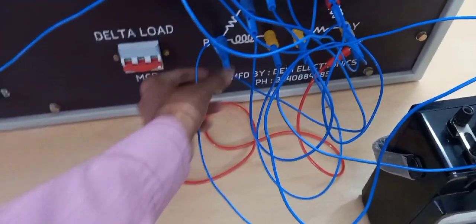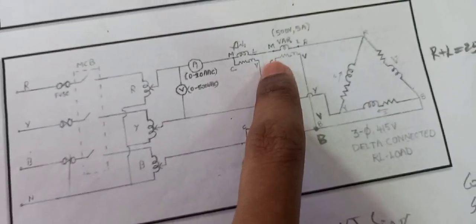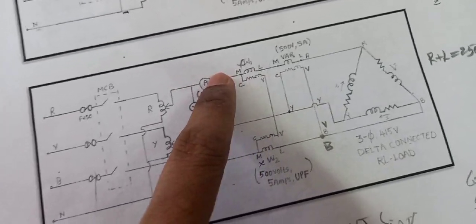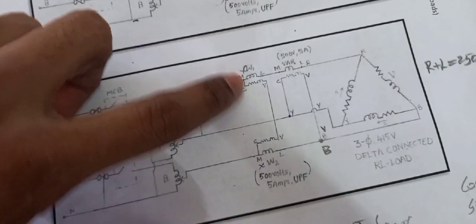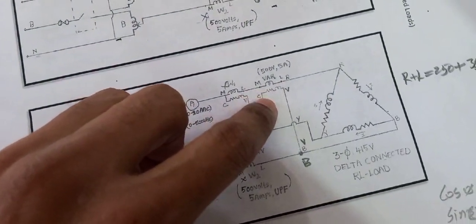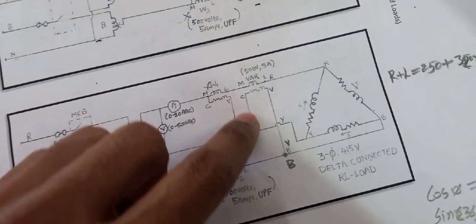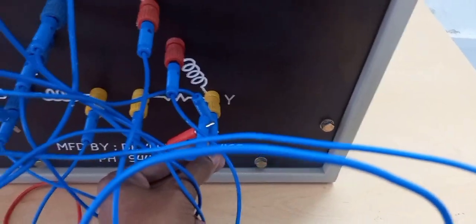You remember, in this wattmeter V is directly connected to B phase, B load of the delta load. Then next here C is there now. In the wattmeter we short MC, but in the varmeter we cannot short the MC. So that C, the common terminal of the varmeter, is directly connected to Y phase of the load.